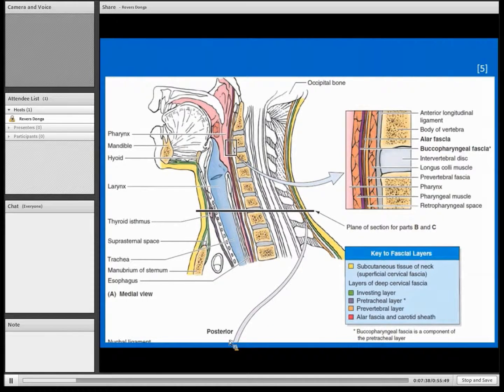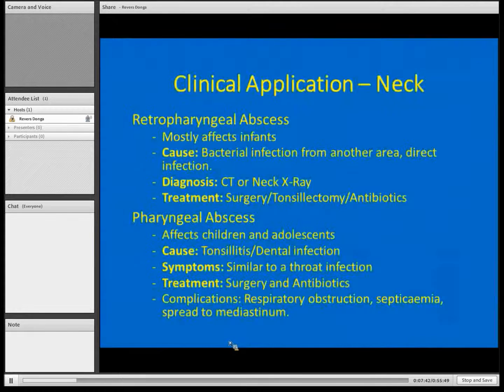And the clinical relevance of stuff to do with the neck, we came up with 2 main things, really: retropharyngeal abscesses and pharyngeal abscesses. So retropharyngeal occurs mostly in infants. The symptoms are stiff neck, malaise, difficulty swallowing, and fever, which you can appreciate are quite common symptoms of a lot of different things, so it's difficult to diagnose medically. The main diagnosis tool used is CT or neck X-ray.